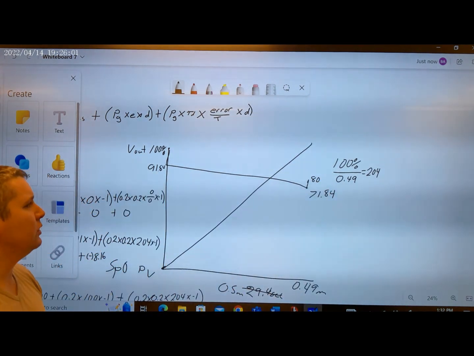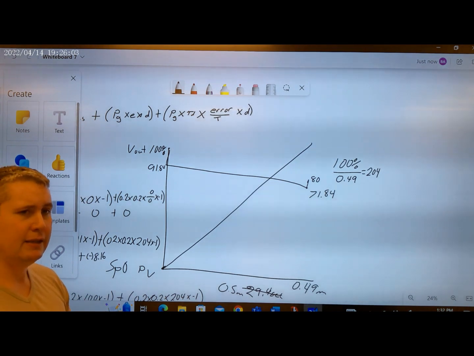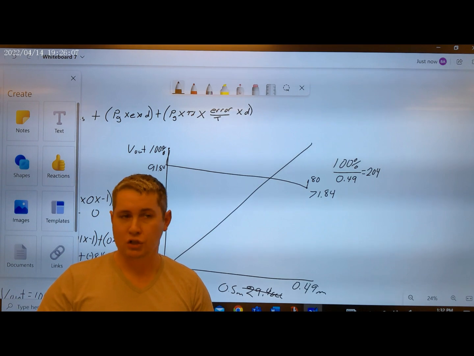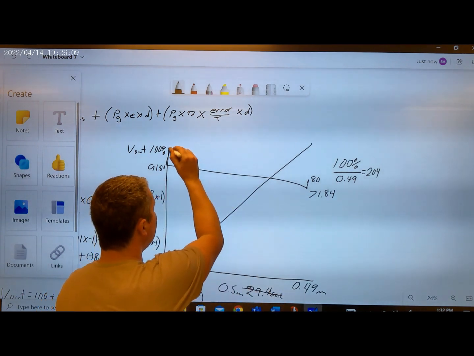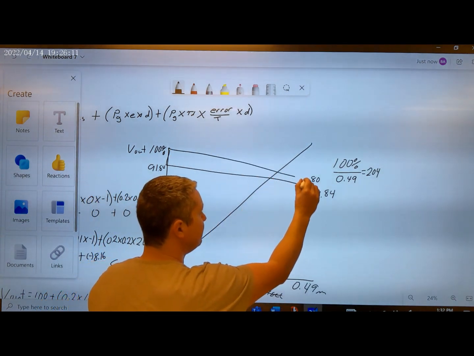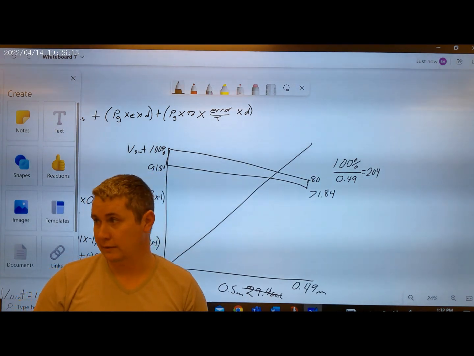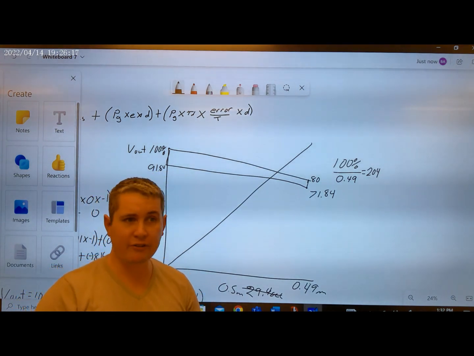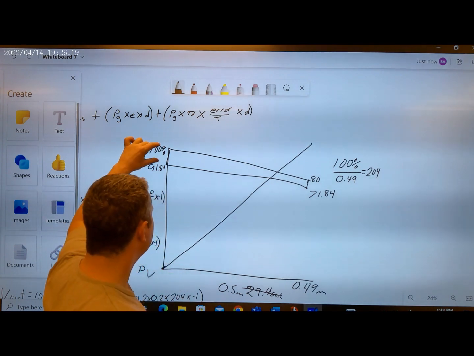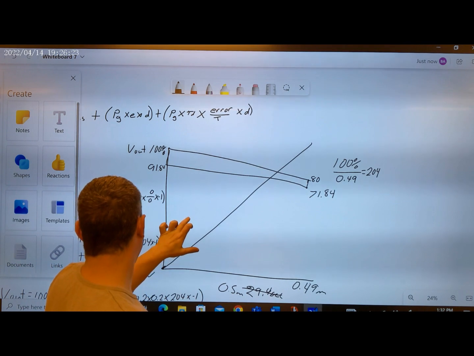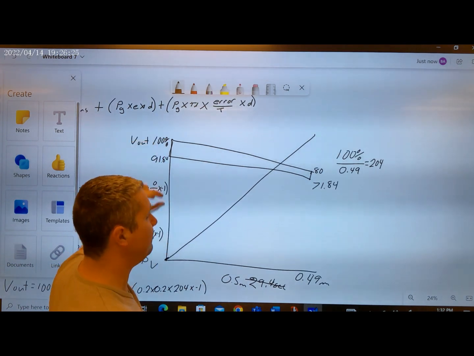Okay? Now, you would notice that if you did not have derivative, you would have went from 100 down to 80 with proportional gain only. But derivative added 8.16, a negative 8.16.